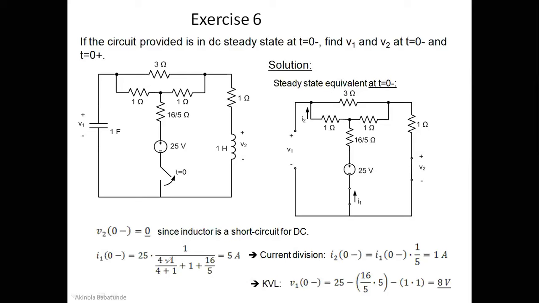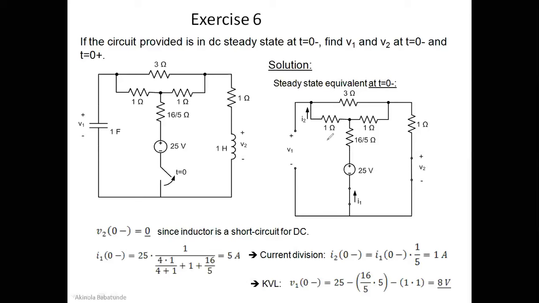Plus, now what you will find here is there is a 16 over 5 here. So if you combine all of these together, you are going to have just one resistor. That one resistor will be in series with this 16 over 5, and of course all of them will be in series with 1. So you have 4 times 1 over 4 plus 1, plus 16 over 5, plus 1, this 1 ohm that we have here. All right, so that gives us the equivalent resistance that we have in this circuit.